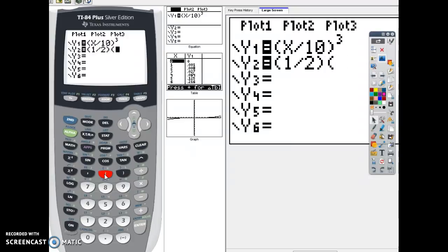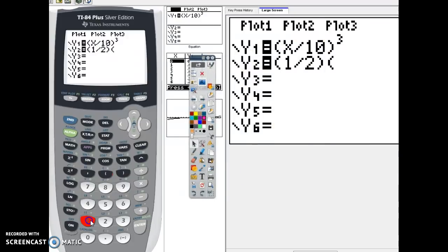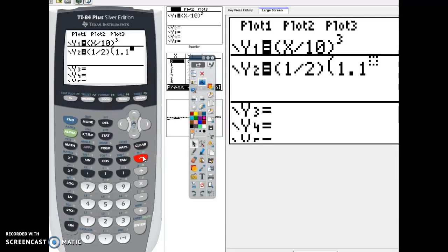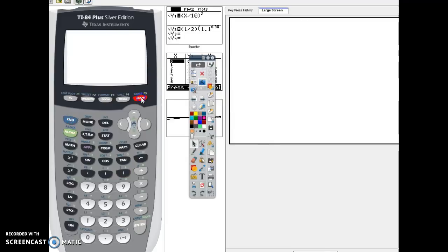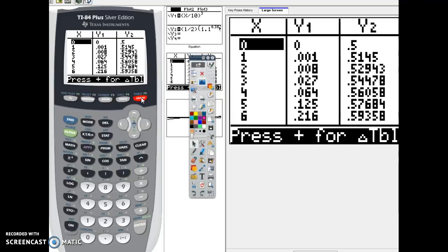Parentheses again, 1.1 to the power of, remember this is to the power of, this little caret sign. Mine looks different than yours, but it does the same thing. To the power of 0.3x, close parentheses. Second graph.